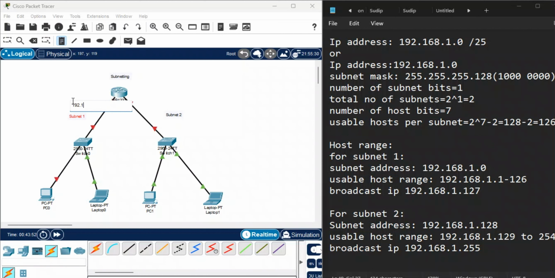For this PC, 192.168.1.2 to 126 according to the questions.